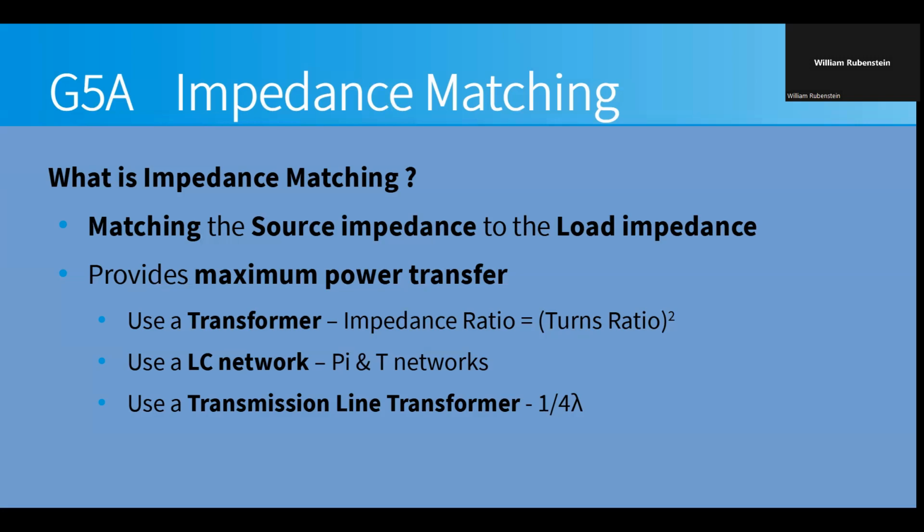You try to. And it's normally a pi network, which would be 2 capacitors across the line with a series inductor. And on some of them, you can vary the inductance of the inductor. And in both cases, you can vary the capacitance. Or sometimes it's an L network with just an inductor and a capacitor.